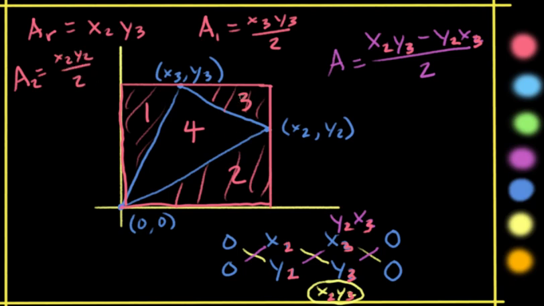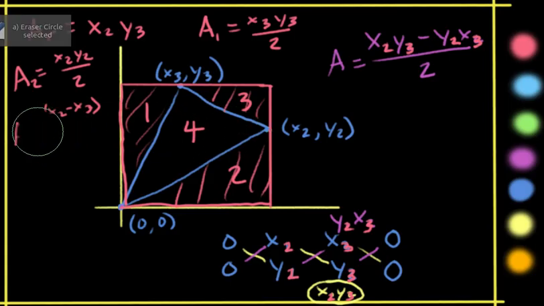And the area of triangle 3 is a little bit more complicated. This distance here is x2 minus x3. So let's do A3. x2 minus x3, that's the base, and then we have to multiply by y3 minus y2. I'm not going to have enough space there, so let me just clear this out. We'll write it over here.